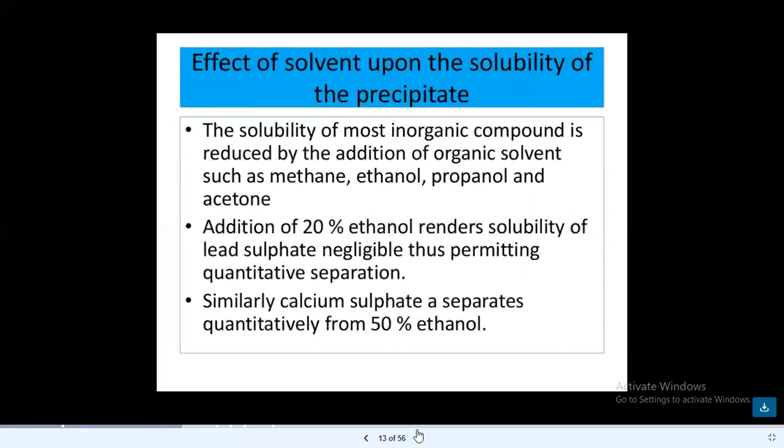Effect of solvent upon the solubility of the precipitate: depending upon the solvent in which we are making the precipitate, or the solvent used for washing the precipitate, the solvent also affects the solubility, because the organic compounds are soluble in organic solvents.